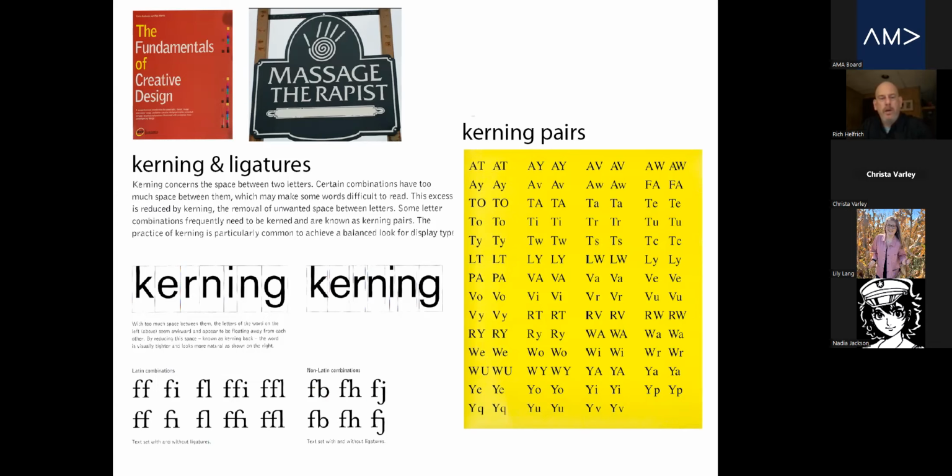Ligatures are unique letter combinations of a double F, double I, FL, FI, and then replacing those with letter forms that were developed by Gutenberg to help combine those letter forms to improve readability. And off to the right are just kerning pairs. There are certain combinations where designers need to be aware of. That spacing needs to be manually adjusted to ensure that there's no gap between characters. Next slide.